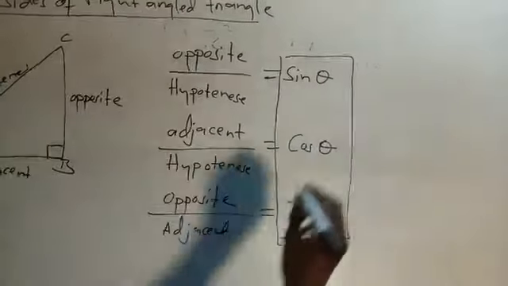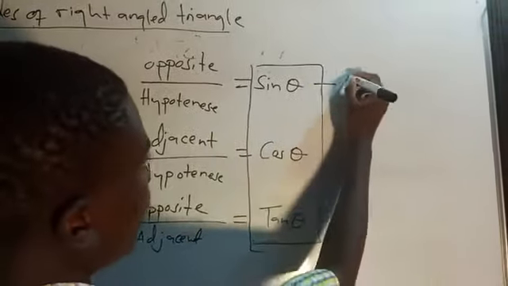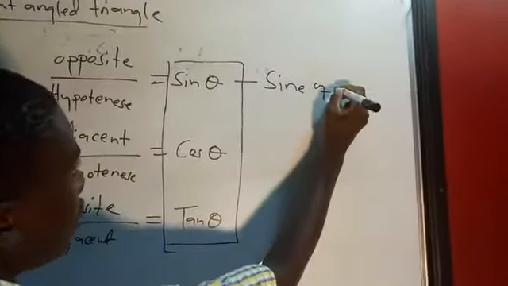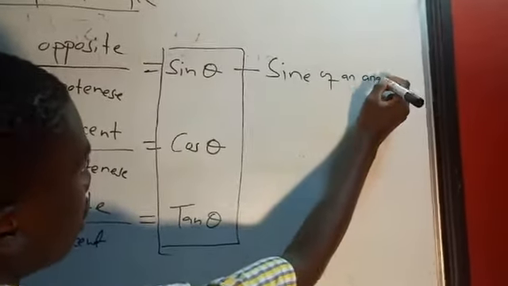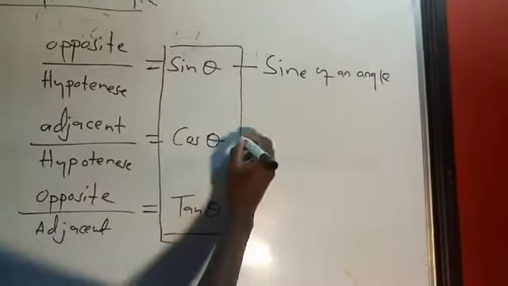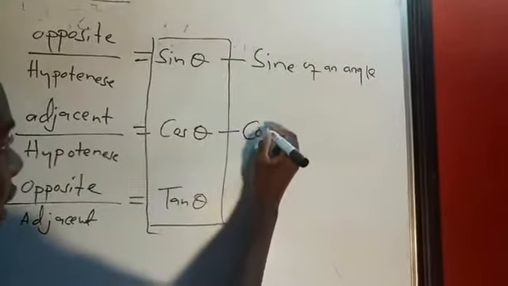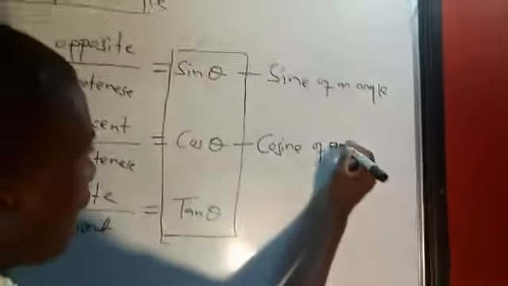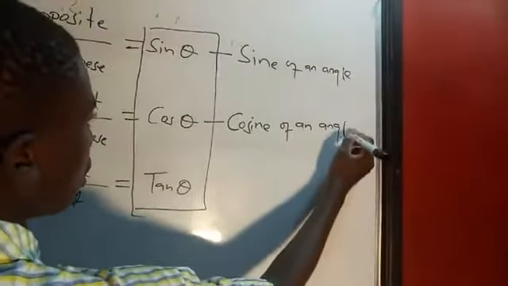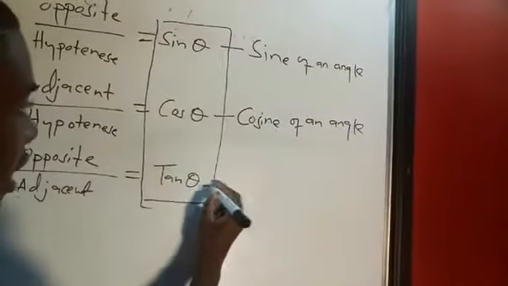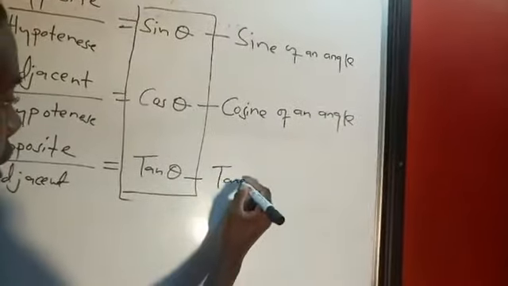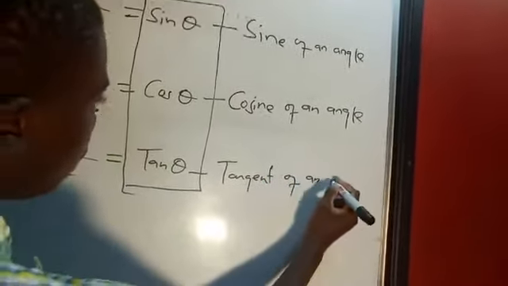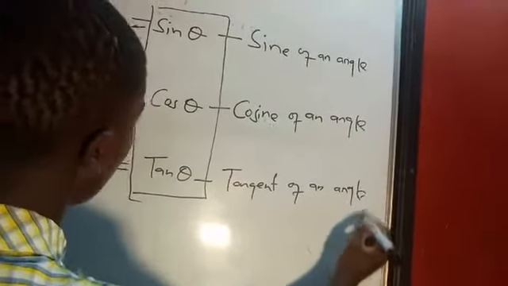This one becoming sine of an angle, and this one being cosine of an angle, and this one also becoming tangent of an angle.